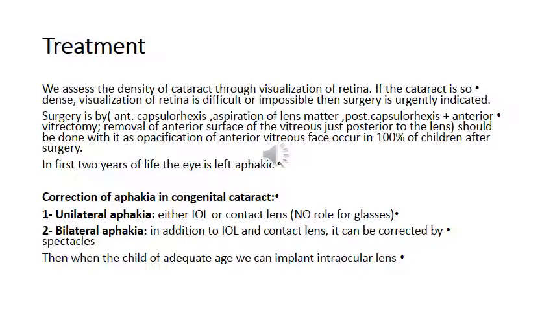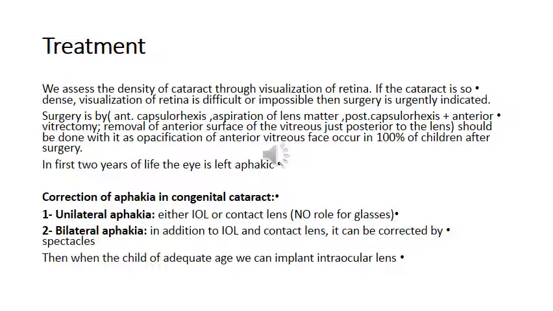Anterior vitrectomy is removal of the anterior surface of the vitreous, which is just posterior to the lens capsule. In all pediatric age group we should do these additional 2 steps. In the first years of life, removal of cataract from a child is not followed by intraocular lens implantation like in adult cataract.